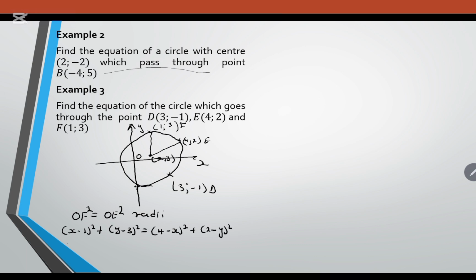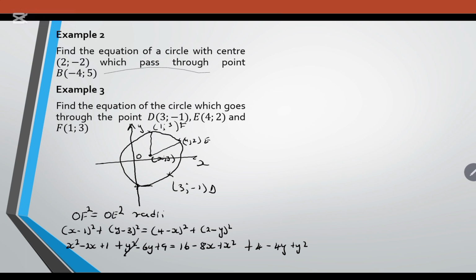We are going to expand and simplify this expression. So (x minus 1) squared is x squared minus 2x plus 1, plus y squared minus 6y plus 9. This is equal to 16 minus 8x plus x squared plus 4 minus 4y plus y squared.